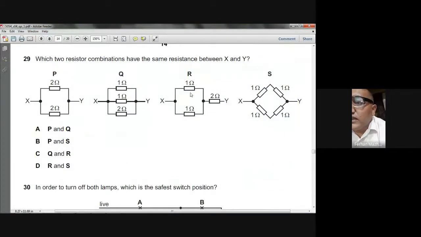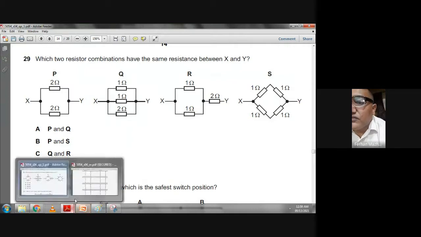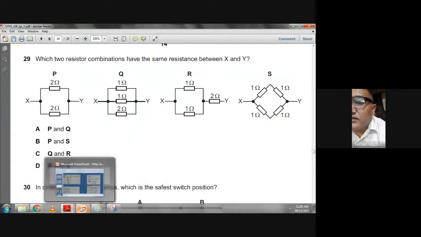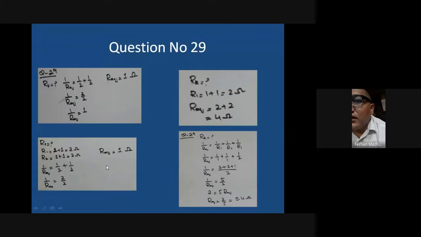These two are parallel to each other, so their equivalent resistance can be found. Let me show you. I think I made a mistake here.